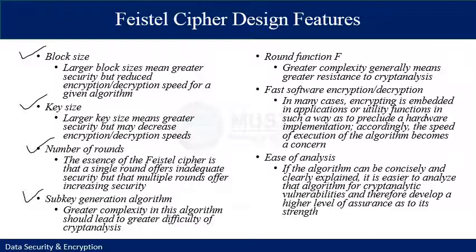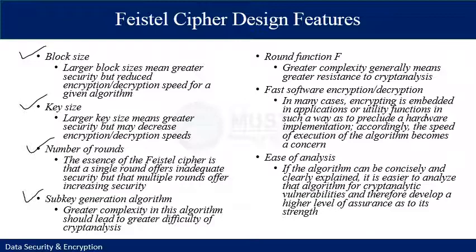Greater complexity in this algorithm should lead to greater difficulty of cryptanalysis. That means the key generation algorithm must be much faster and much better, so it produces a key that is not easily decoded. Therefore, it will enhance the complexity of your algorithm and security of your system overall.